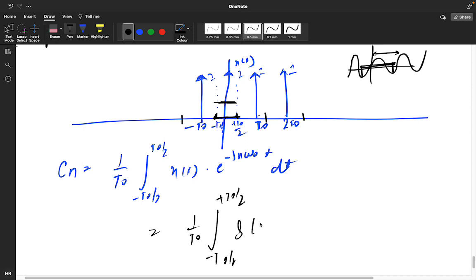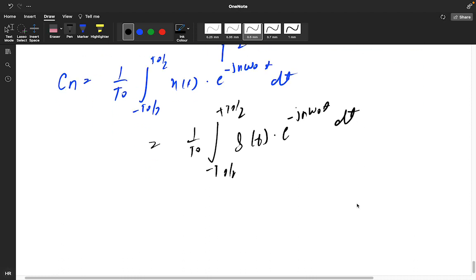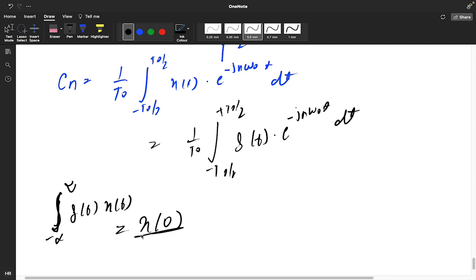X of t is delta t e power minus j n omega naught t into dt. I told you that the formula of this integration, minus infinite to infinite delta t x of t, is equal to x of 0, or minus infinite to infinite delta t minus a x of t, the answer will be x of a.